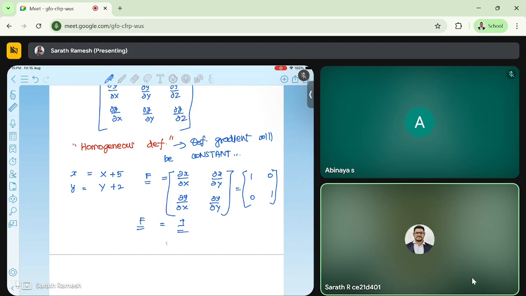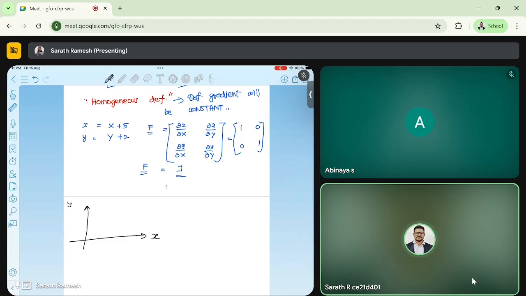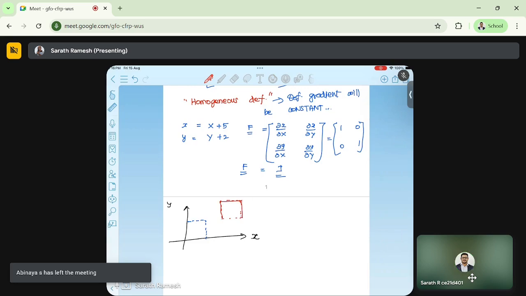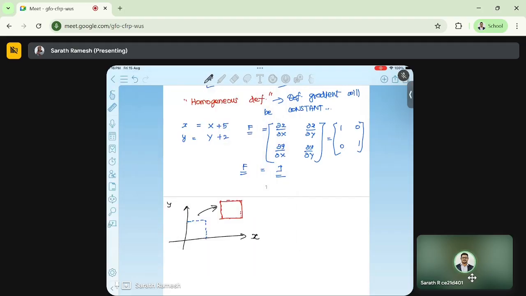If you want to understand this visually, say this is my x coordinate and y coordinate. Initially, my body is somewhere here. What happened? It underwent a rigid body displacement to some place in the current configuration, from here to here.